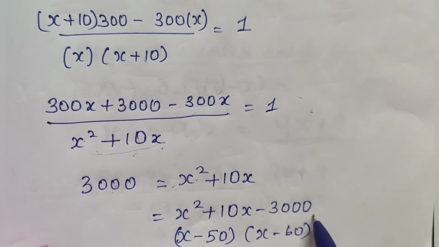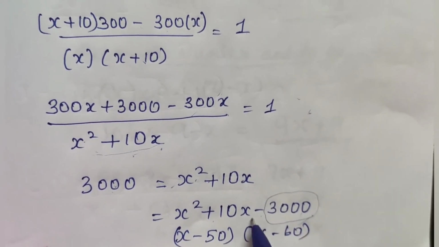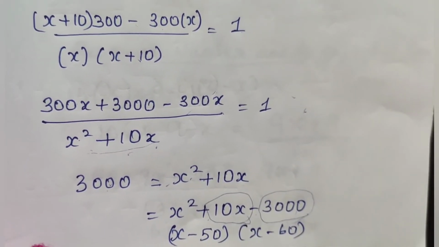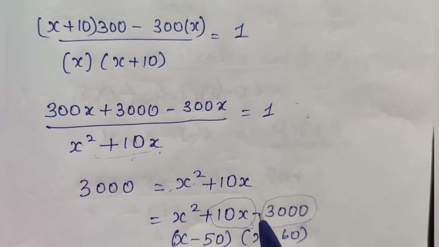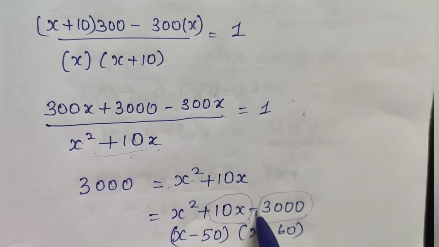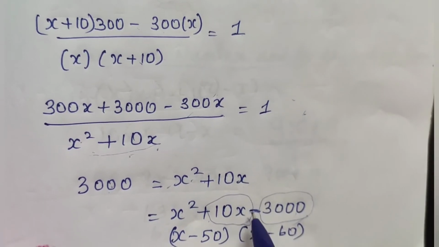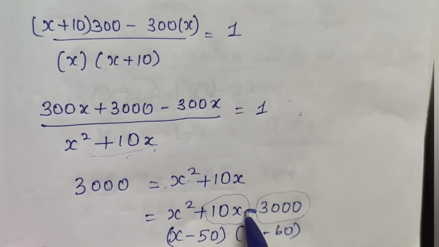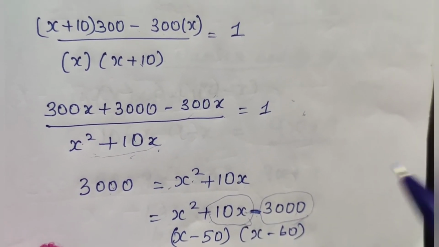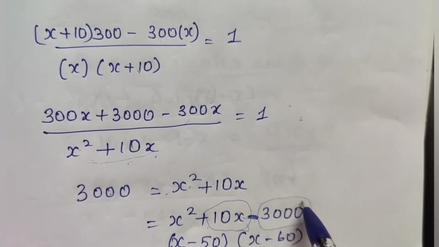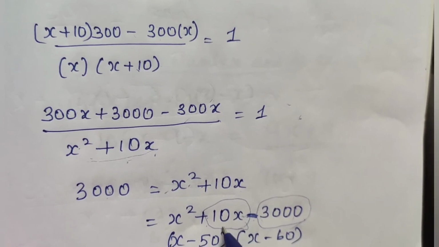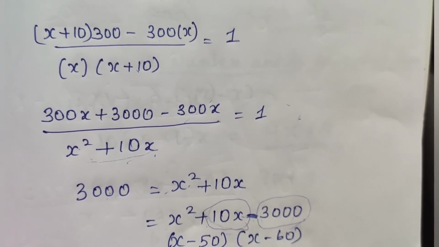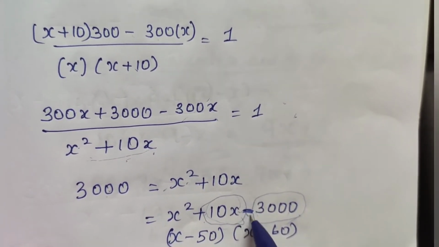So here product is 3000, sum is 10x. Here the product is 3000 and the sum is plus 10x, which means the product is minus.